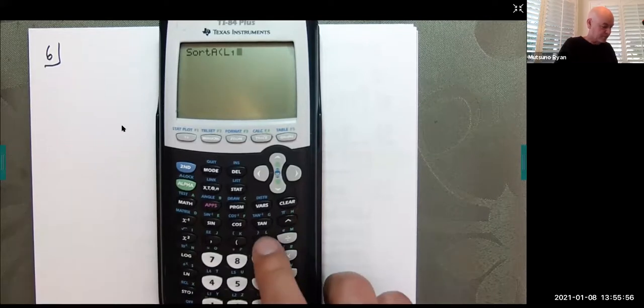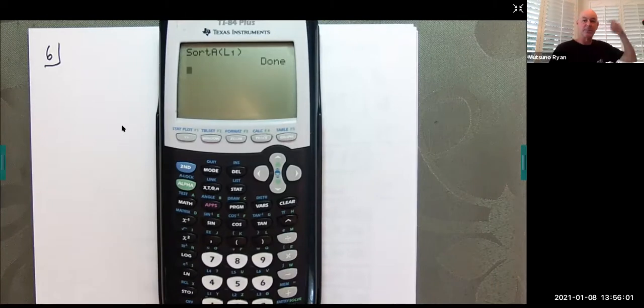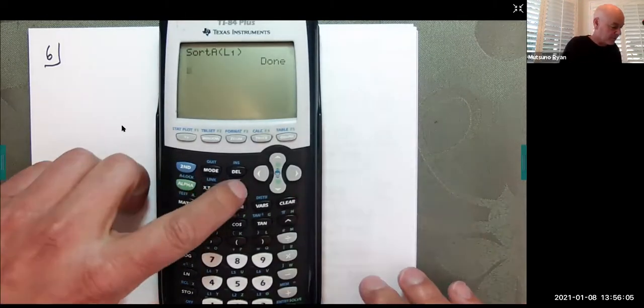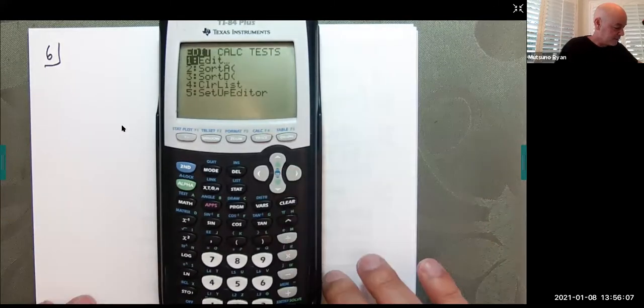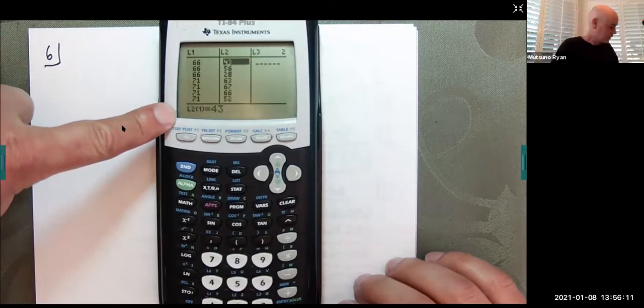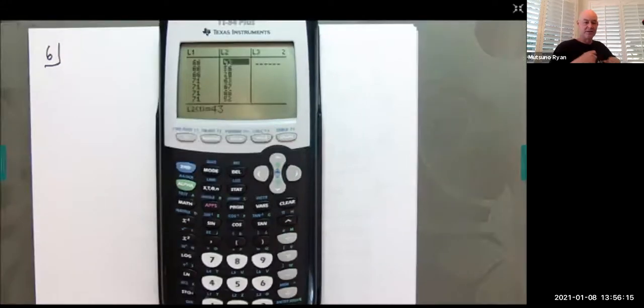That will sort it in ascending order versus the D, which is descending order, meaning biggest to smallest. So we want smallest to biggest. Now I can see it's changed the order, so everything's in order here. And I'm going to start my lower bound with the 66 instead of the 60, like they asked me to do.